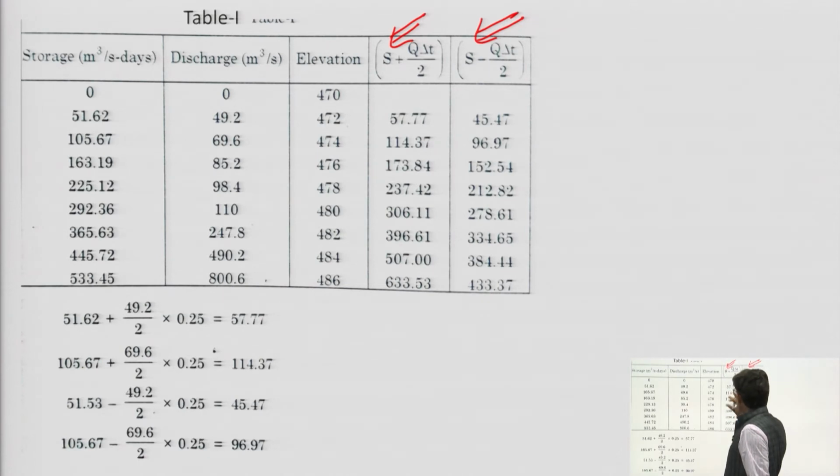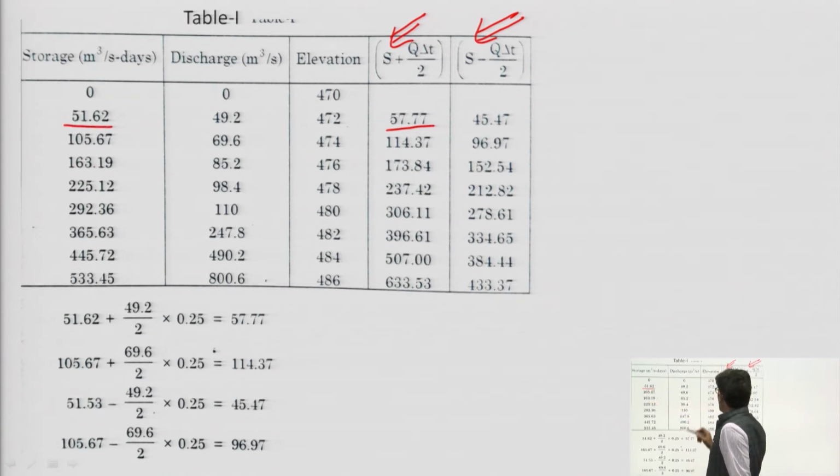After calculating this, in step number 2, that data will be used. So this one, 57.77, has been calculated taking S, the storage, as this one.